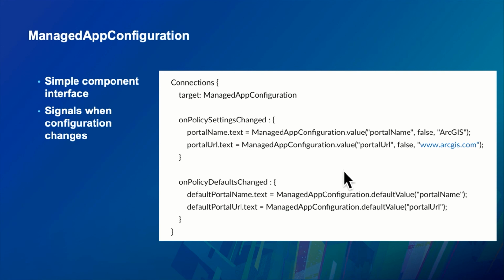So, have the defaults for my application changed, or have the live settings changed? Basically I get one of these two events, then my application logic simply pulls out the values of interest and propagates them throughout the app in whatever way makes sense for the application. So supporting an MDM becomes actually quite straightforward from your application point of view. It's the app framework that takes care of how the app config and the MDM and all that signaling works to basically deliver those signals to your app.